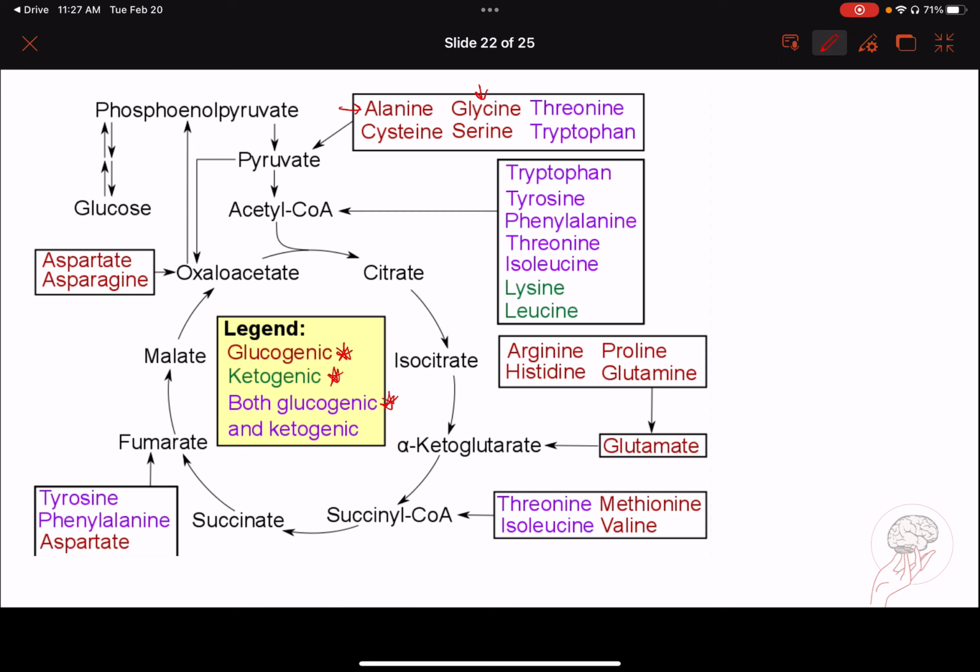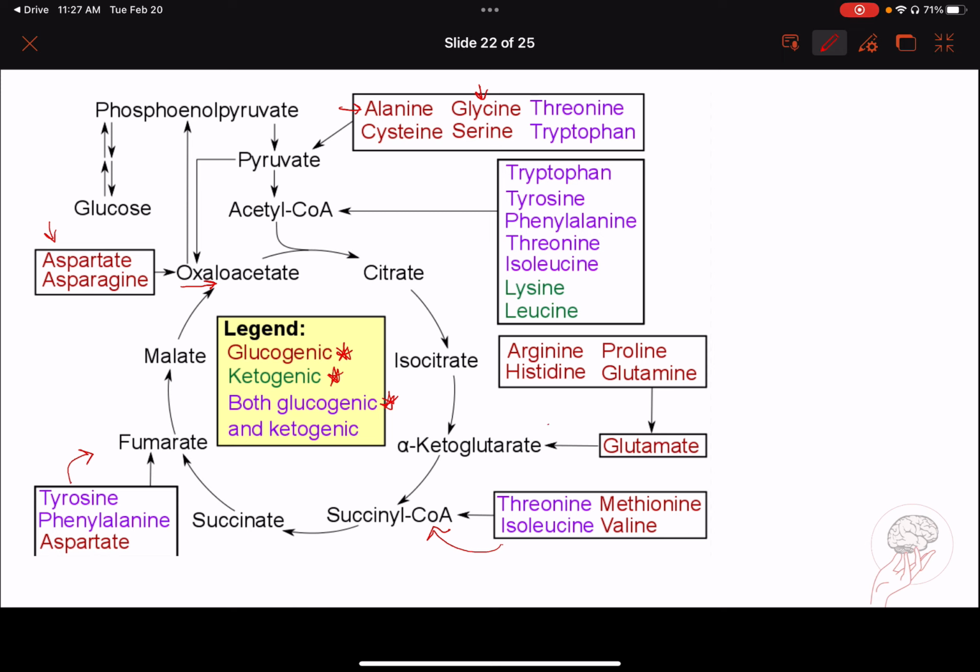They can enter this pathway as pyruvate. Aspartate, asparagine, can enter as oxaloacetate. Aspartate, along with tyrosine and phenylalanine, can enter as fumarate. Threonine, methionine, isoleucine, and valine can enter at the level of succinyl-CoA.